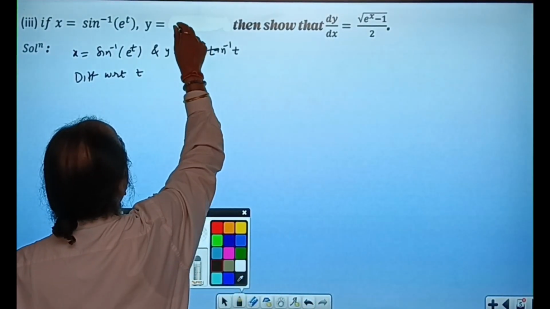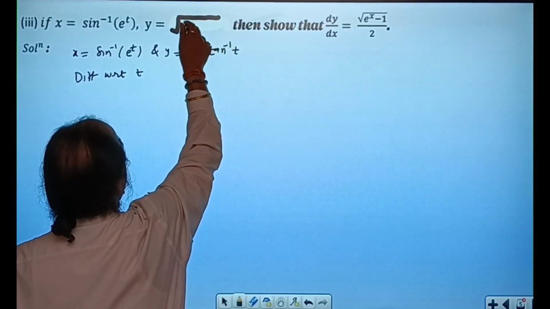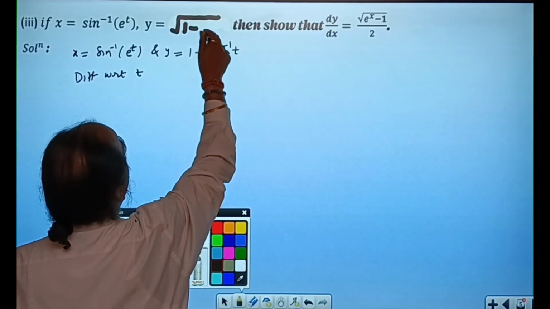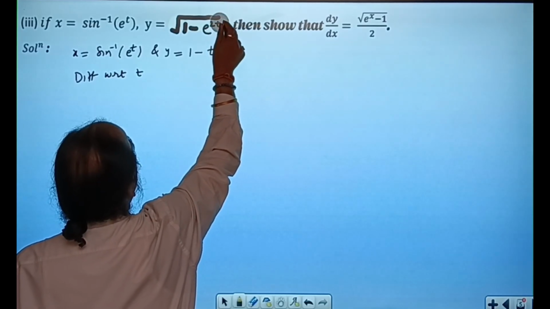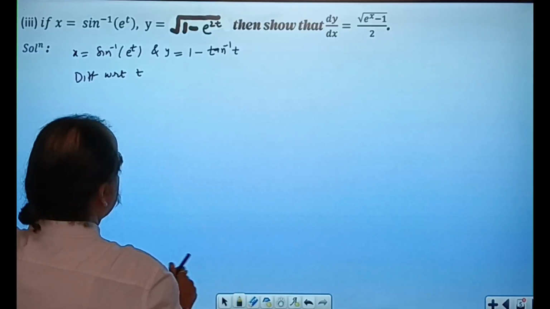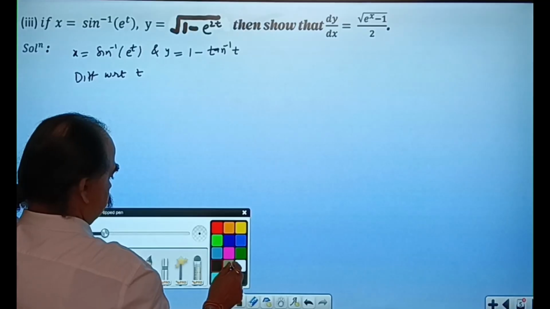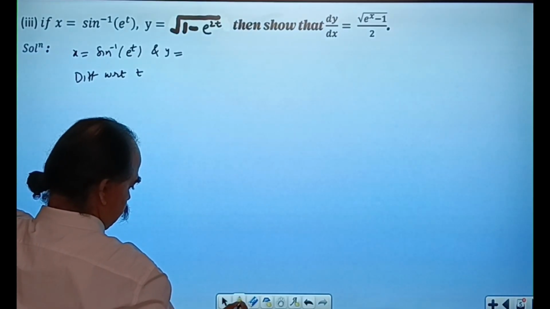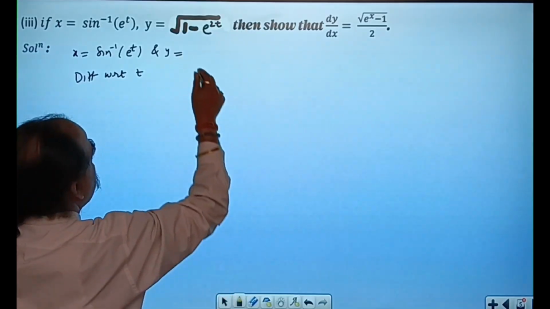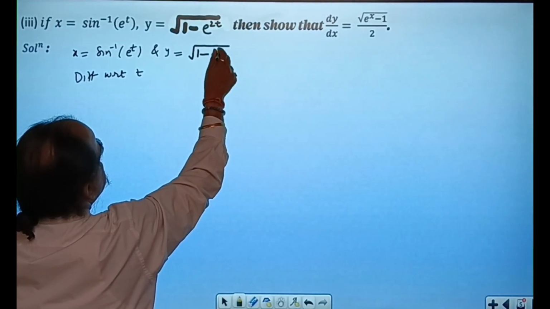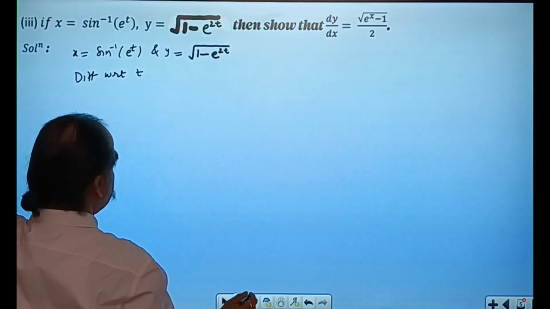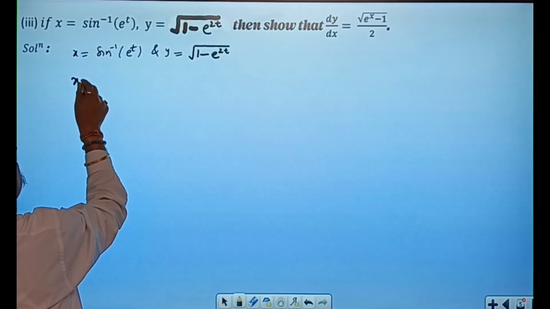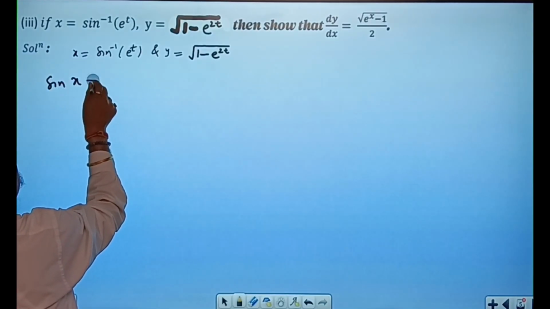So e raised to 2t, 1 minus e raised to 2t. So sin x will be e raised to t.